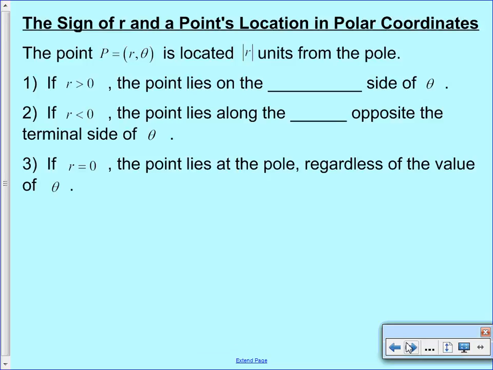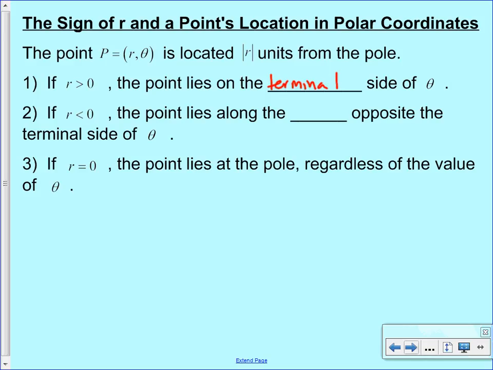Alright, so here we go. Point P, with angle theta, is located at r, taking the absolute value. If r is a positive radius, then it lies on the terminal side of theta, which means wherever it ends up, that's where it ends up.